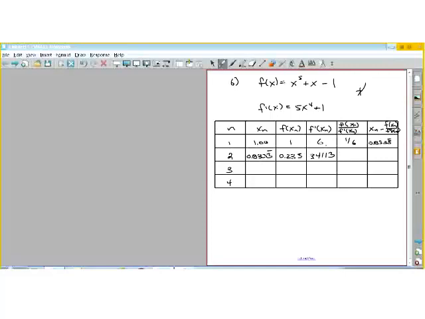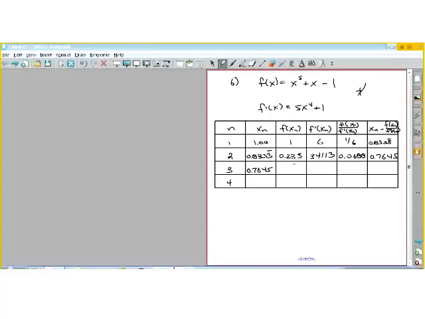I take the ratio of those two, 0.235 divided by 3.4113, and I get 0.0688. I take 0.83333 minus that number, and I get 0.7645.